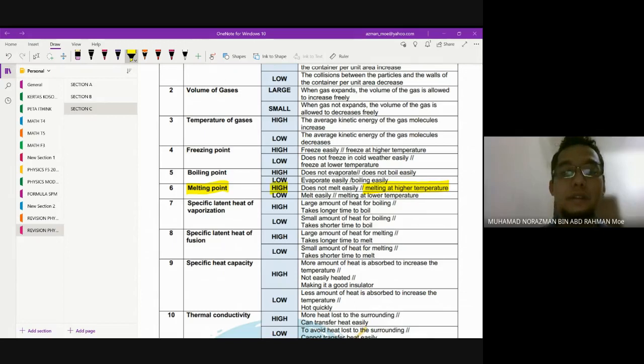Okay, if you choose low, then you can write it will melt easily. It can melt at lower temperature. Okay.